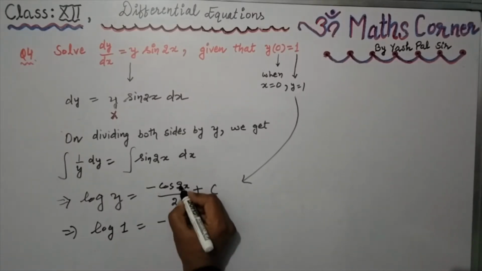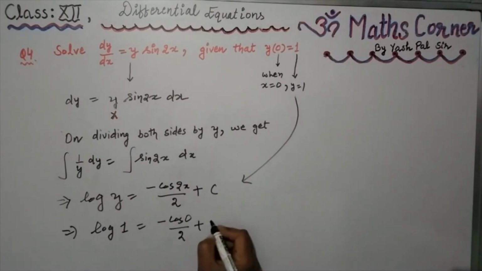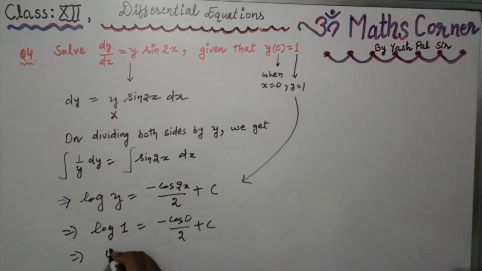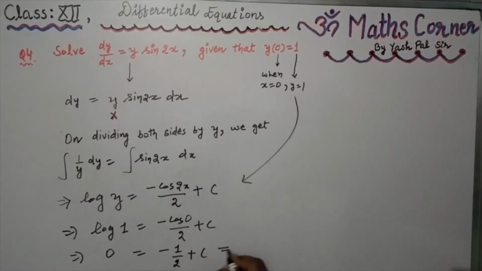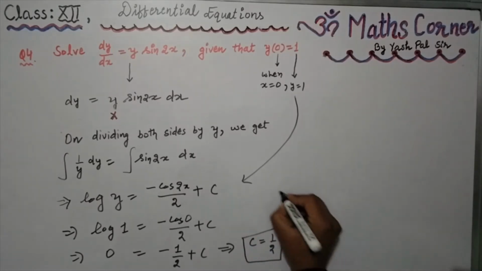Log of 1 is equal to minus cos of 2 into 0, upon 2, plus c. Now what is the value of log 1? Log 1 we know is 0, and cos 0 is also 1, so 0 is equal to minus 1 upon 2 plus c. So from here we conclude c is equal to 1 upon 2.